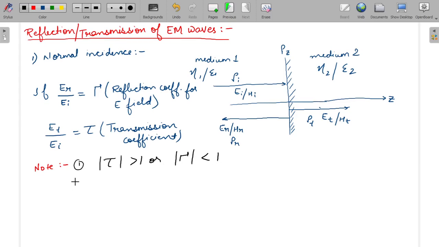It depends on the eta 1 and eta 2, that is the impedance of the medium. Okay.